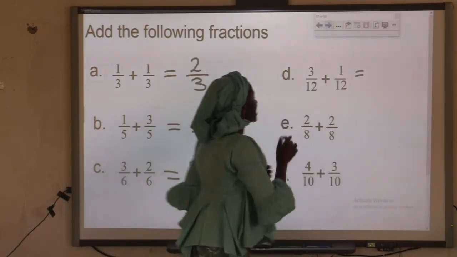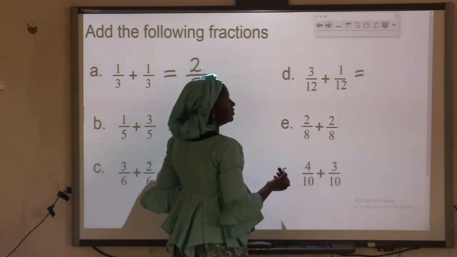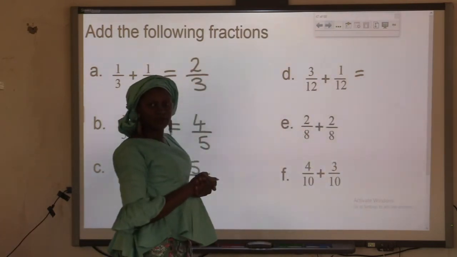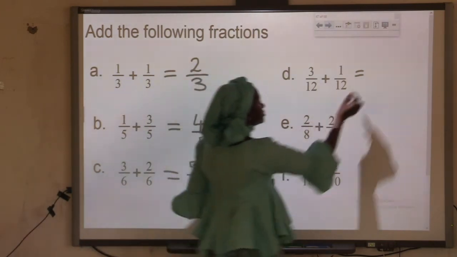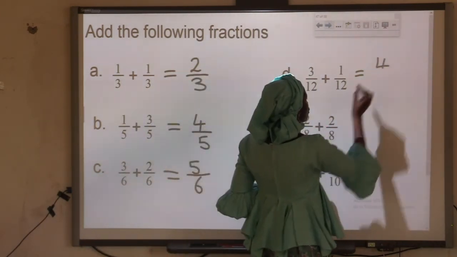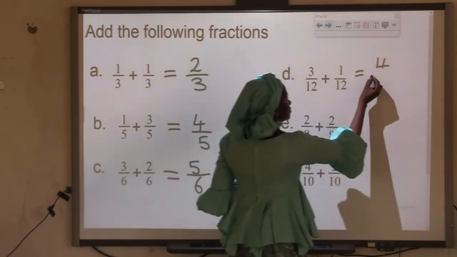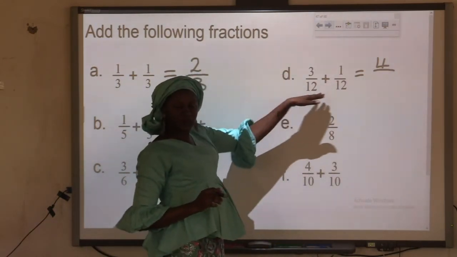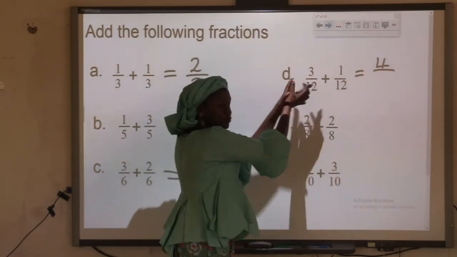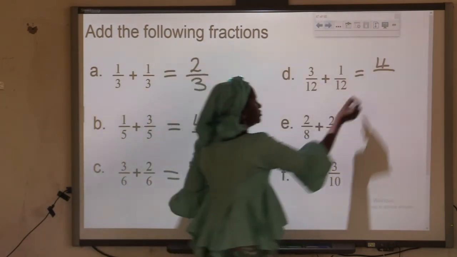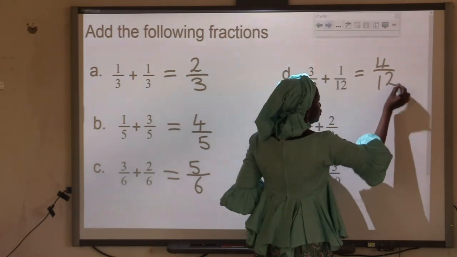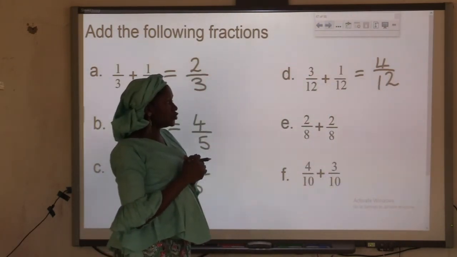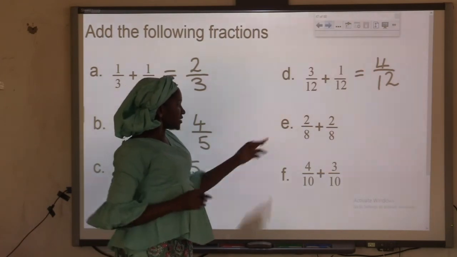And our numerators are 3 and 1. 3 plus 1 is 4, over 12, because with fractions with the same denominator, you add the numerator and maintain the denominator. And our answer is 4/12.